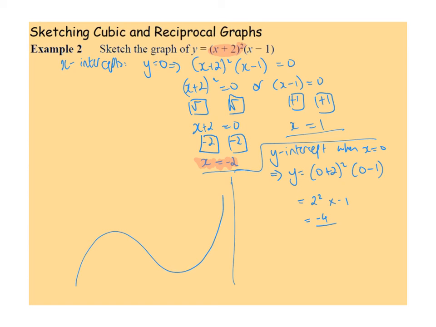But this root here, this is the one that was repeated, and the repeated root is the one where it touches the axis. You can imagine that at this point, it's the point where you have two roots at the same place, and that's why it touches the axis. So this isn't right either, because this would be when 1 was the repeated root, but we know that −2 is the repeated root.